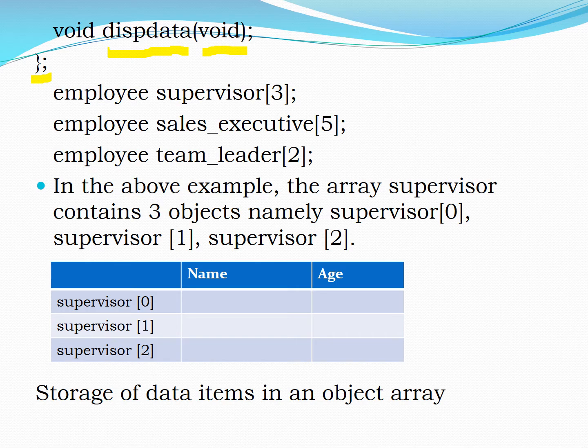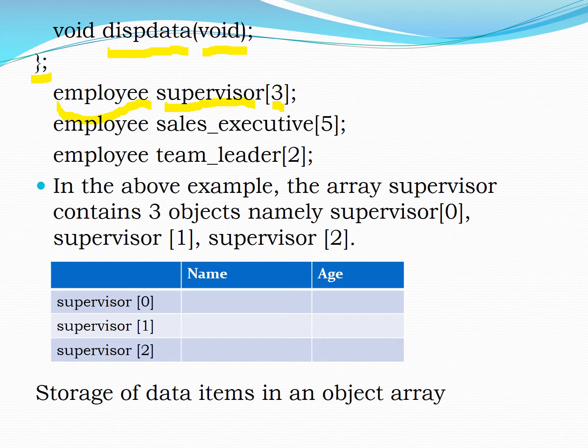We are going to see how to create an array of objects. In the main program, we already know that we have created a class called employee, followed by an object called supervisor with an array size of 3.